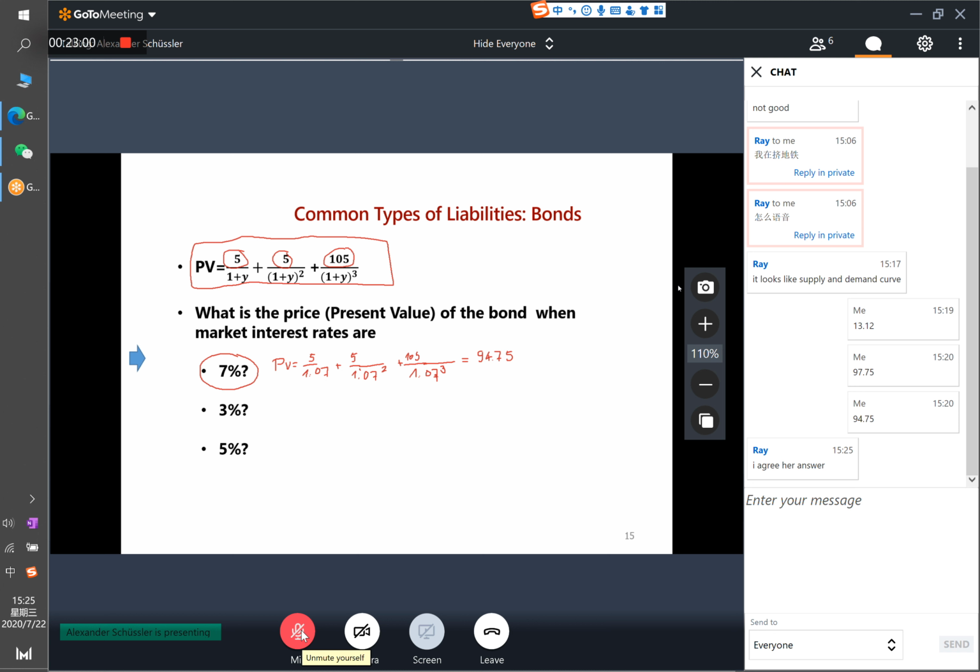Okay, very good. Then let's do the second one. What about if the market interest rates are 3%? Try this one on your own.